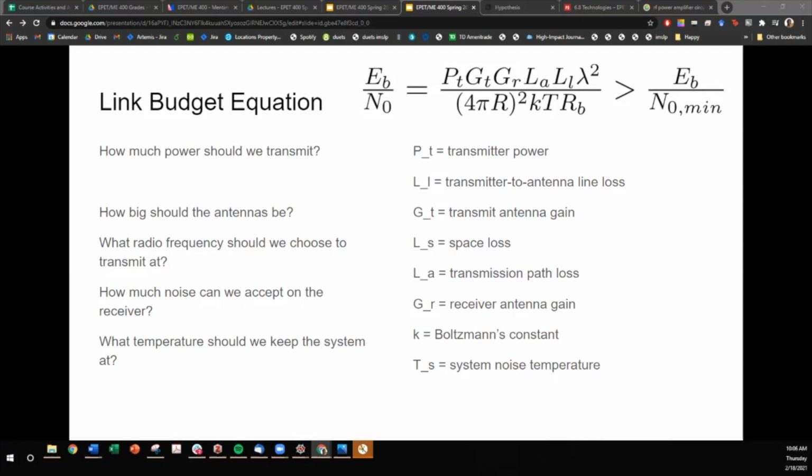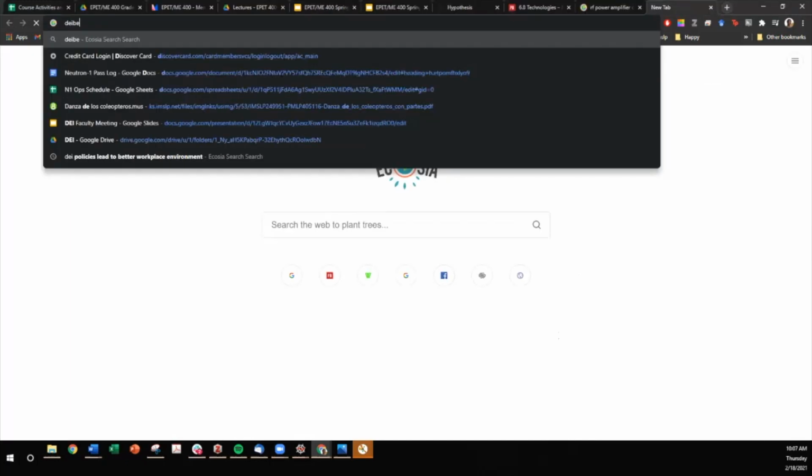Typically, this requirement is 3 decibels. The way you can convert decibels is a log 10 operation.